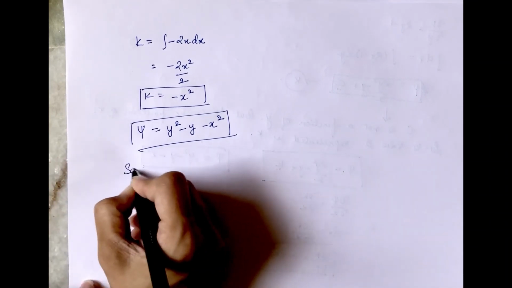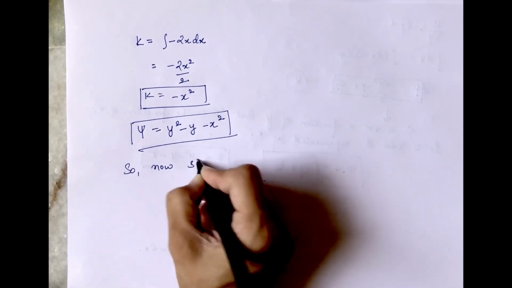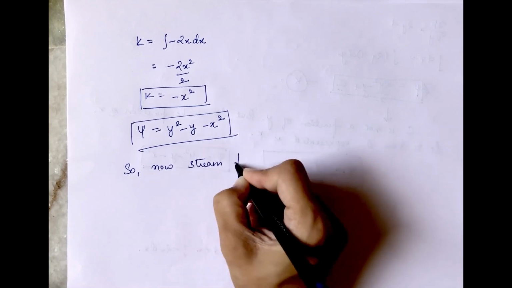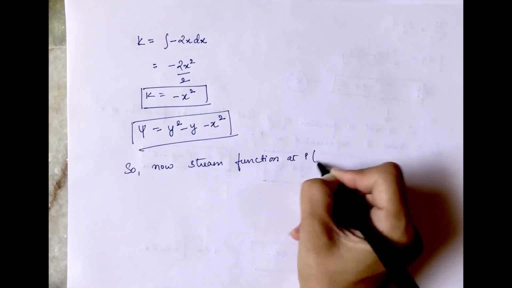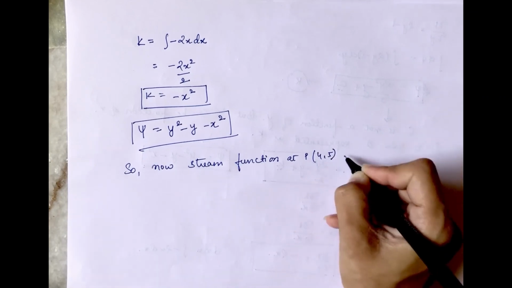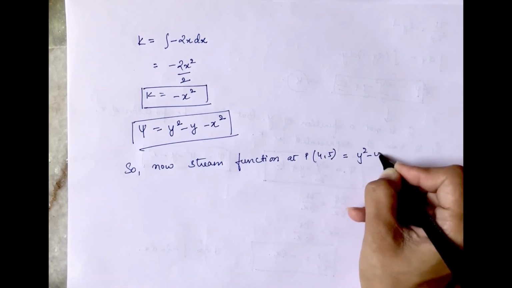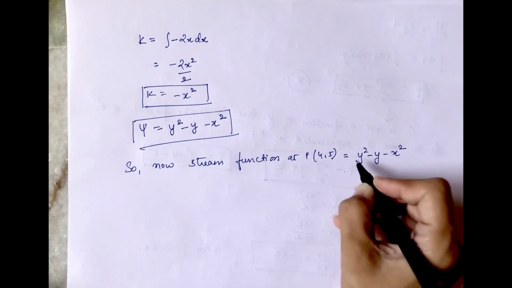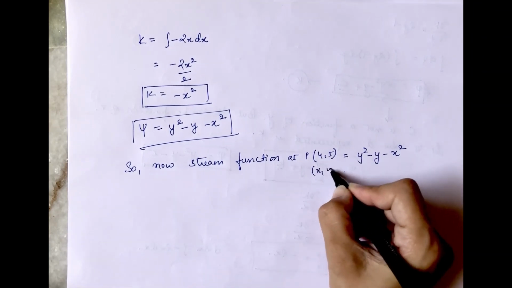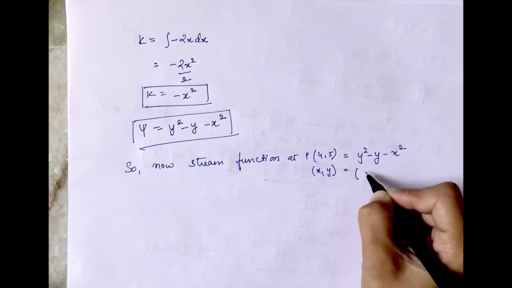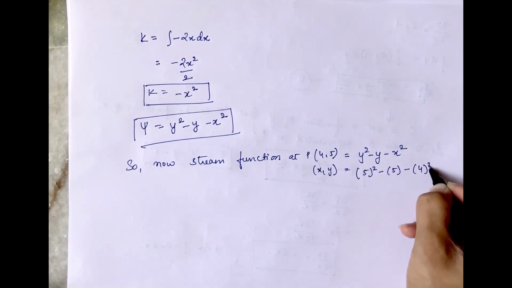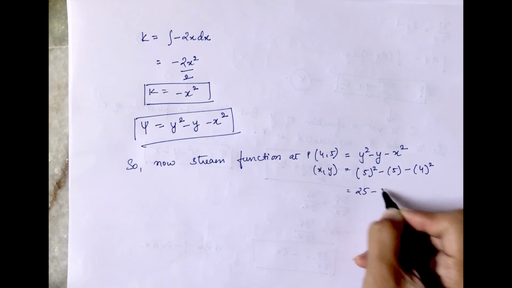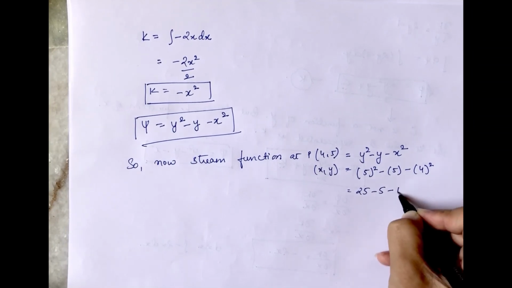So now the stream function at point P (4, 5) is given as y square minus y minus x square. Substituting the values of x and y in this equation, that is 5 square minus 5 minus 4 square. 5 fives are 25 minus 5 minus 4 fours are 16.